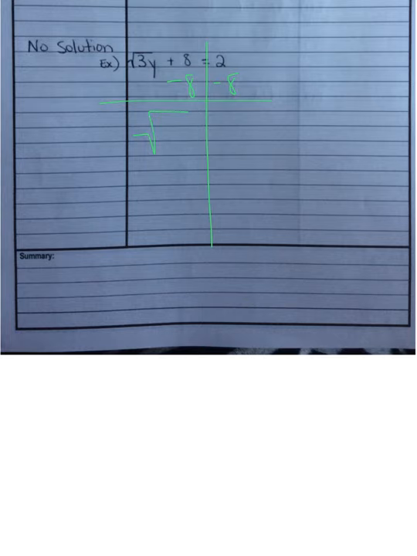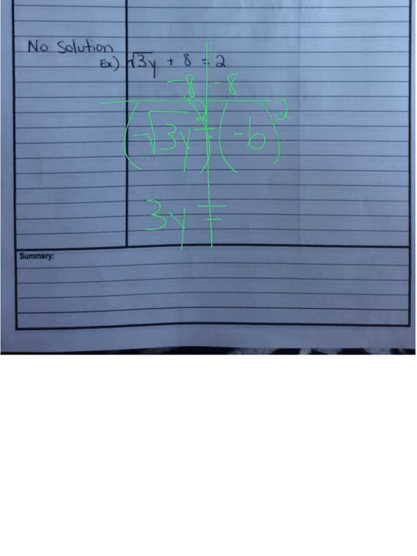And we have the square root of 3y equals -6. Well, what it wants us to do is the square root, the opposite of that is to square. So we need to square both sides. Whatever we do to one side, we do to the other.